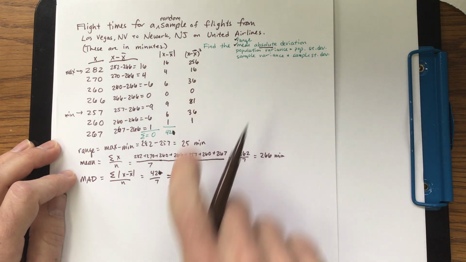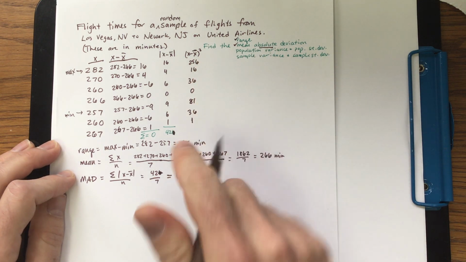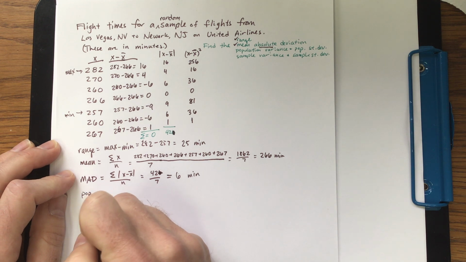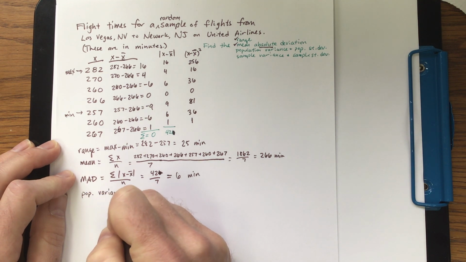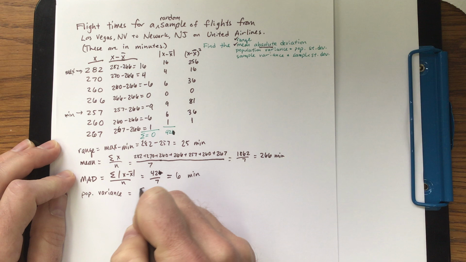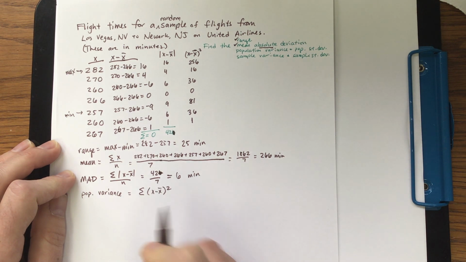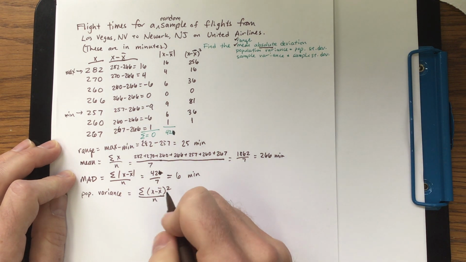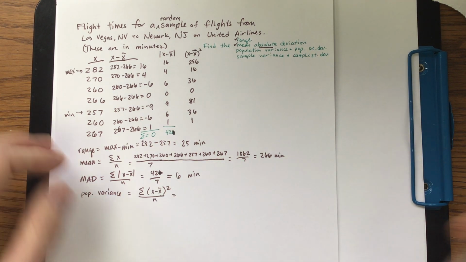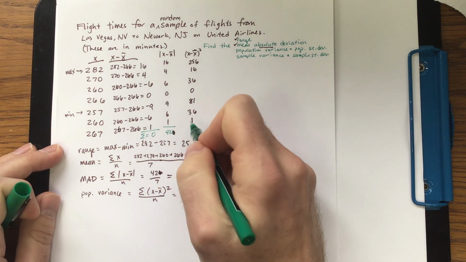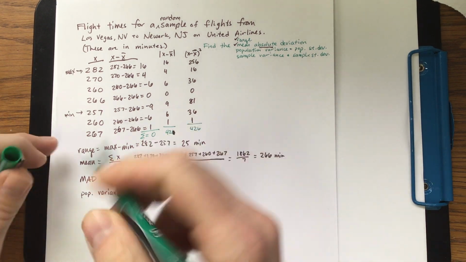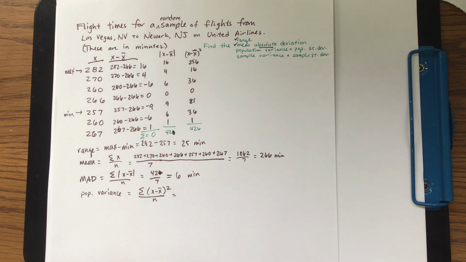So what I do with these squared deviations to find the population variance is I will find the sum of those squared deviations and then divide by the number of things that we have. So this is where that 426 comes from that I added up earlier on my calculator.